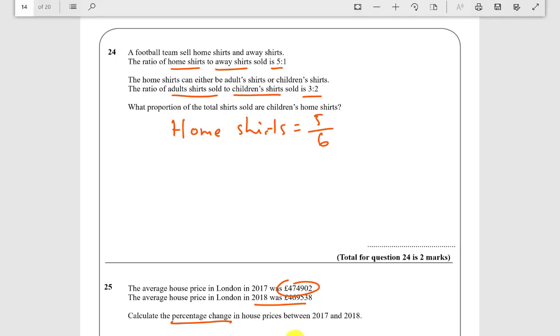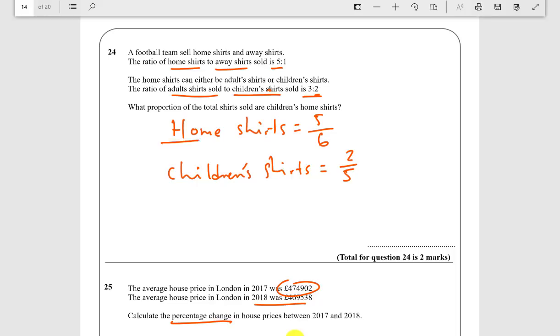And children's shirts, sorry about my writing, trying to rush here, children's shirts represents 2. Make sure you got the right ratio number, so it'll be 2 out of 3 plus 2, which is 5. Now what proportion of the total shirts sold are children's home shirts?